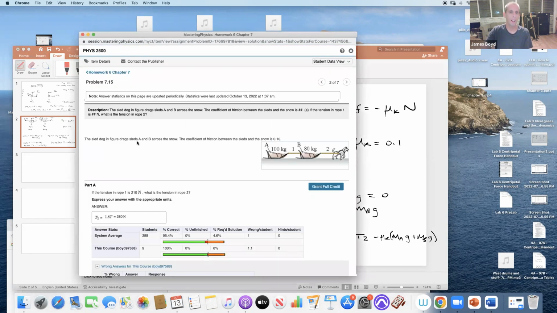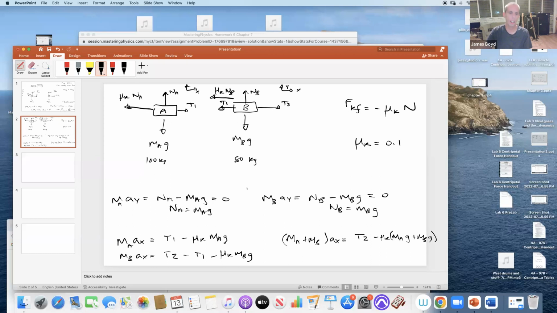Now, the dog, A and B, coefficient of friction, tension in rope 1 is 210. So I need to find A, because what I need to figure out is what is T1. I can find A, and then I can use either one of these equations to find T1. In fact, I'm going to use this equation to find T1, but I'm going to use this to find A first.